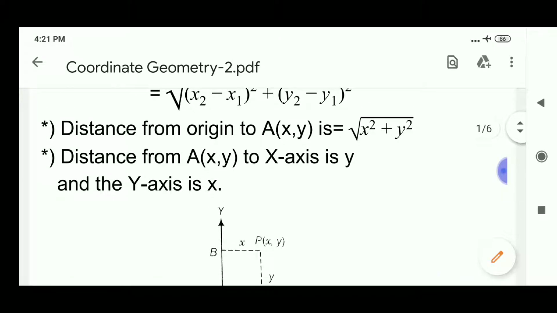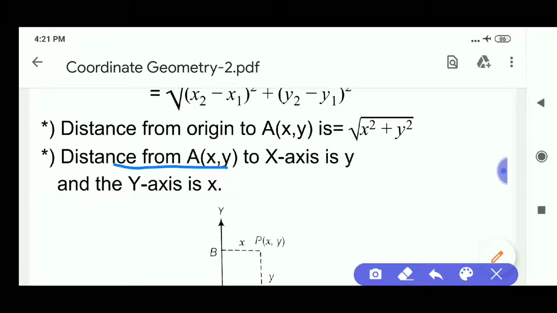Once again, the distance from a point (x, y) to the x-axis is y and to the y-axis is x.